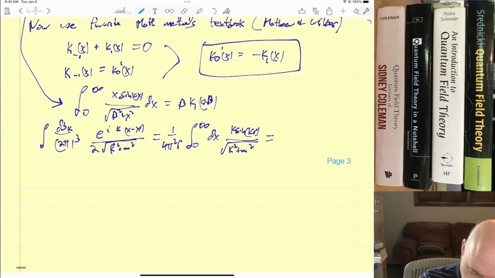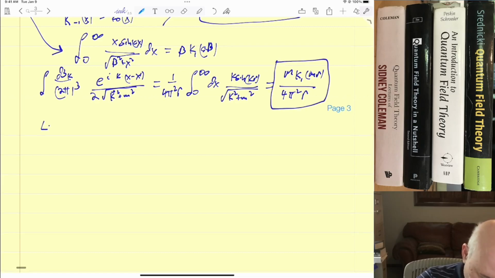By the way, the k in here is a 4-vector, and this is a 3-vector, but Lorentz covariant, this is just the magnitude of the 3-vectors. Okay, you just gotta live with the notation. This is equal to m K1(mr) divided by 4 pi squared r. So that's what we wanted to show. We verified that.